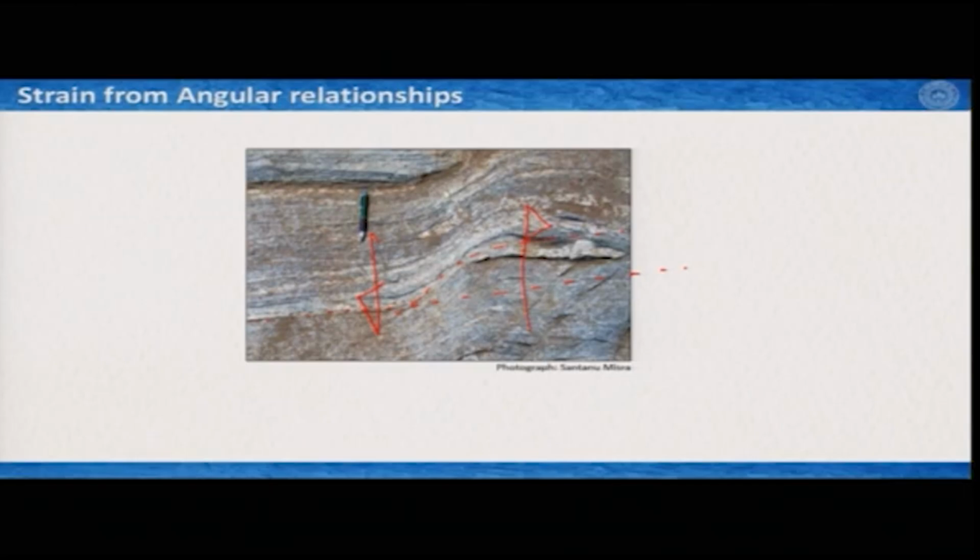Now if that shear happened, therefore this thing got a deflection, and if we can measure this angle, we will see how it is done, then we can actually calculate the shear strain involved in deforming this particular piece of rock. So in this case this angle is 32 degrees, and again using the same formula, shear strain equal to tan of 32 degrees, you will get this.